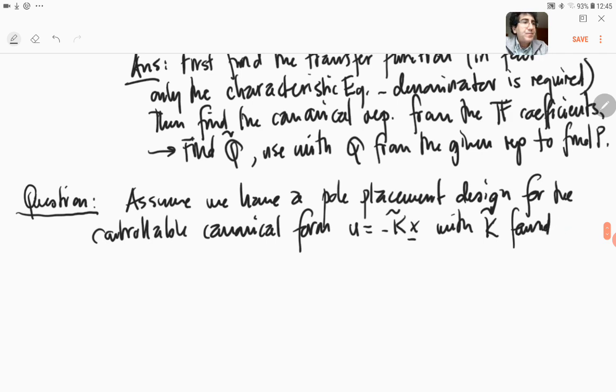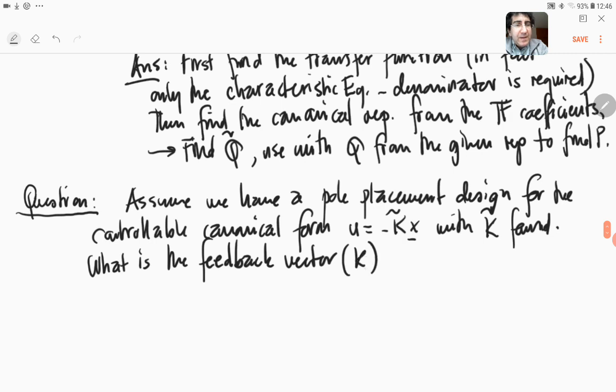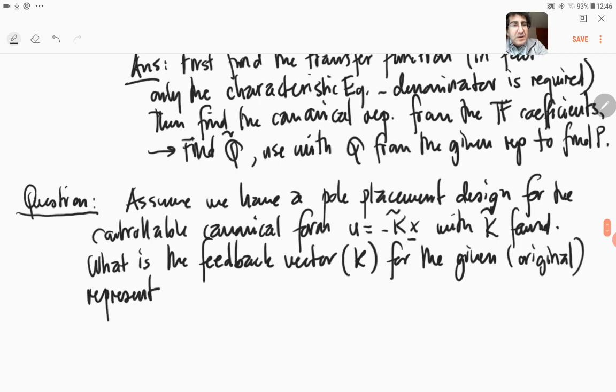Okay, with K tilde found, now the question is, what is the feedback vector, let's call this K, for the given or original representation? Remember what our problem was.